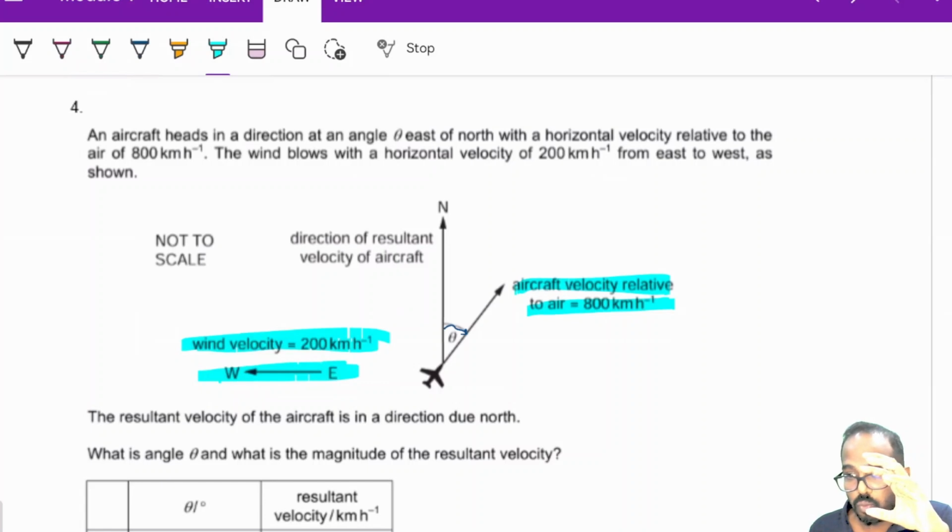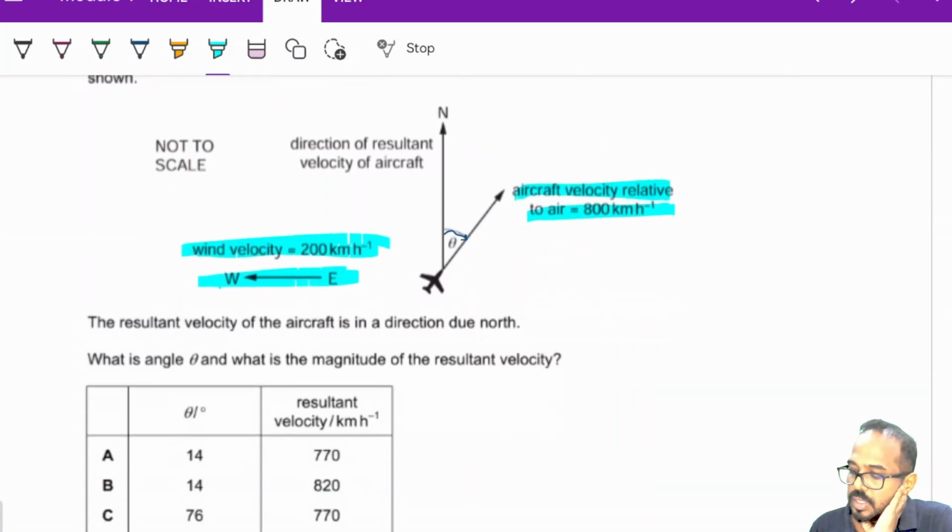So here we use the parallel shifting of vectors, okay? You need to find the resultant velocity. This is the relative velocity, 800. A 200 velocity is in this direction, east to west. What you will do is, this vector you can parallelly shift without changing the angle in this direction, right? Here, parallelly shift it.